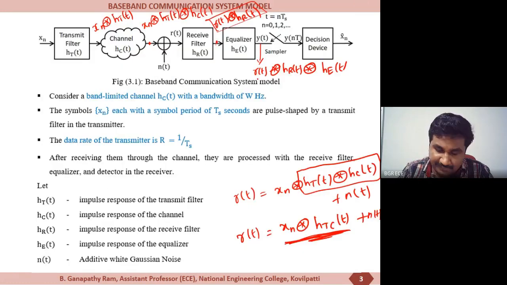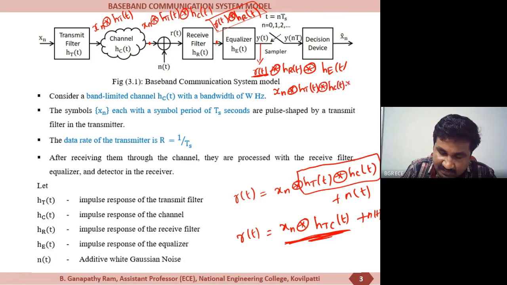Since R of t can be expanded as xn convolution with ht of t convolution with hc of t, R of t can be expanded such a way that x of n convolution with ht of t convolved with hc of t convolution sum of hr of t convolution with he of t.